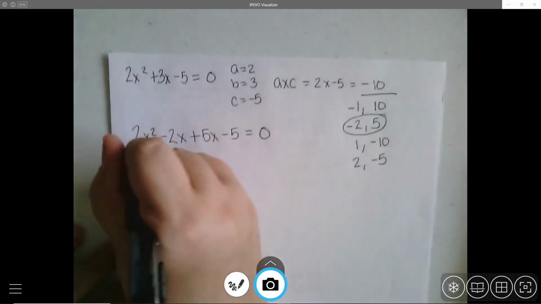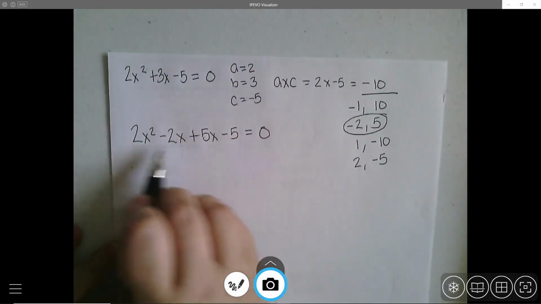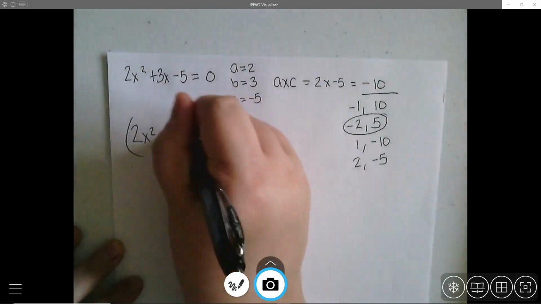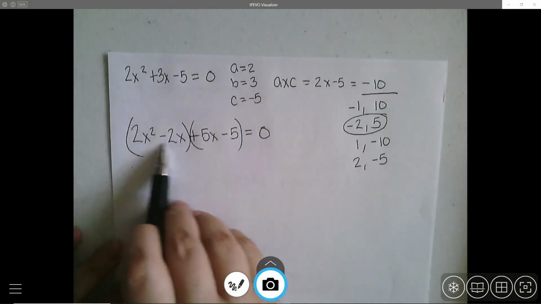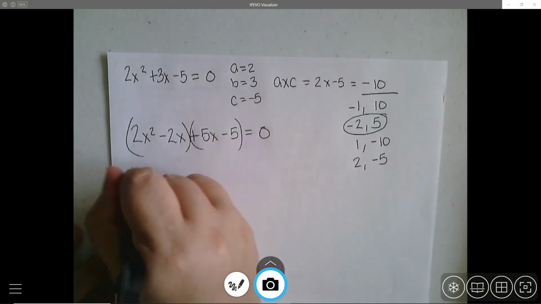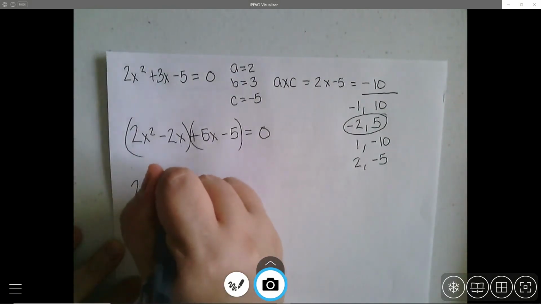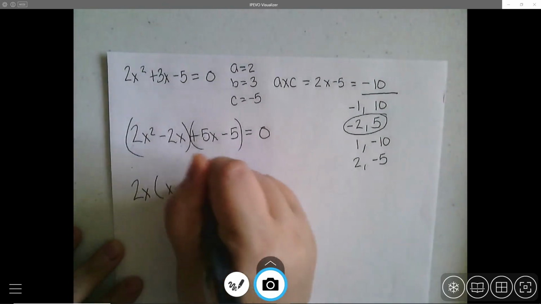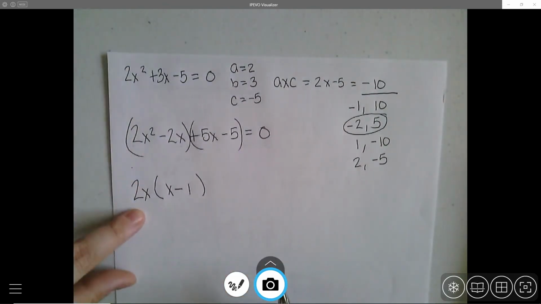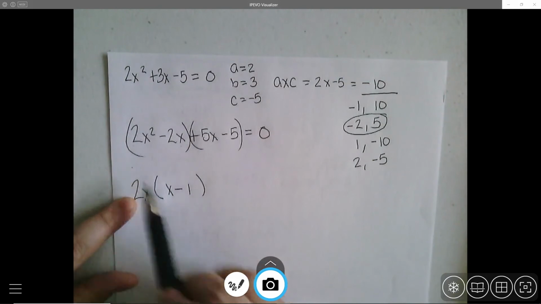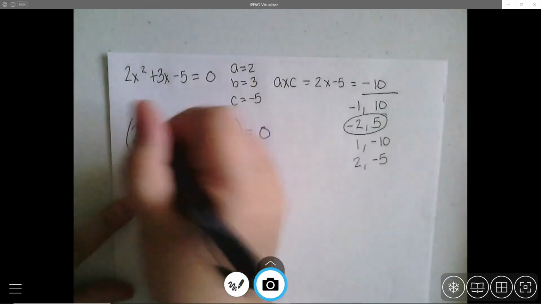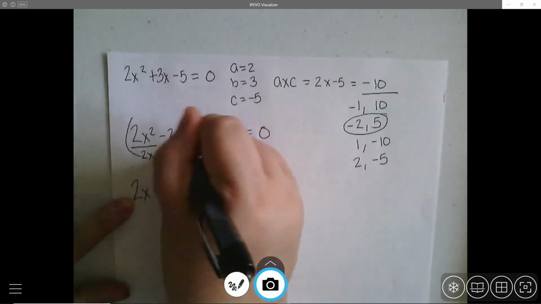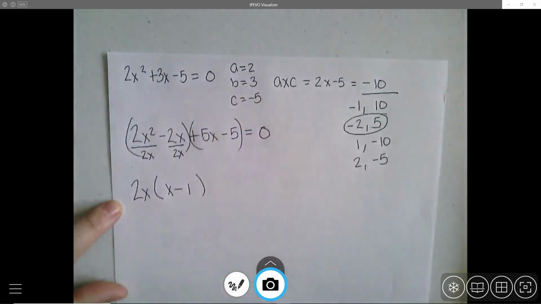Now I'm going to take a GCF out of the first two, once I have broken them up. Out of 2x squared minus 2x, I have a 2x. So I'm left with x minus 1. 2x squared divided by 2x: 2 divided by 2 is 1, I had 2 x's and took away 1, so I'm left with 1. I'll put the GCF up at the top so you can see it written out.